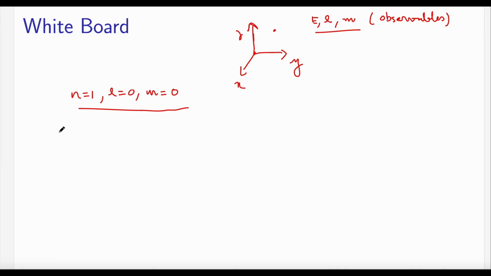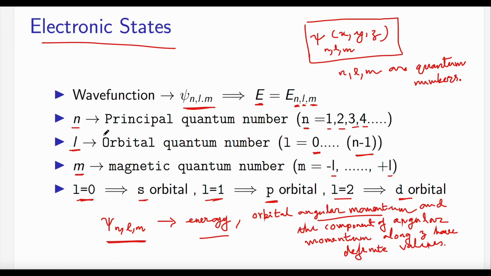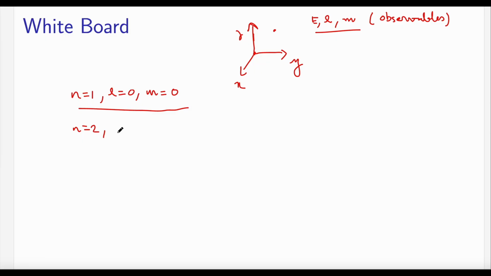Now if n is equal to 2, then what are the possible values of L? L can be 0 or L can be 2 minus 1, which is 1. So when n is equal to 2, L can be 0, or L can be 1.